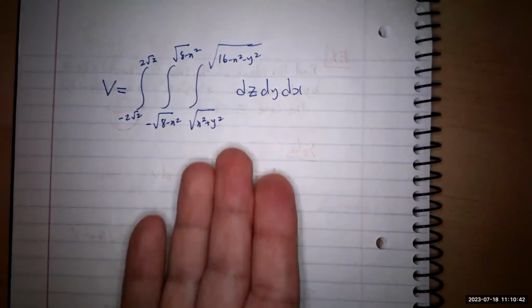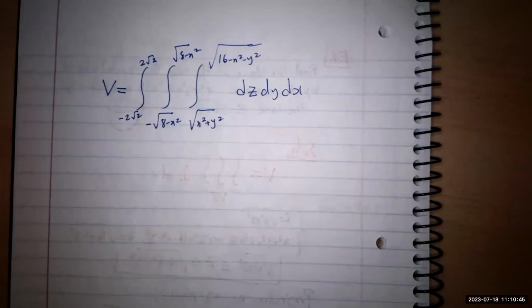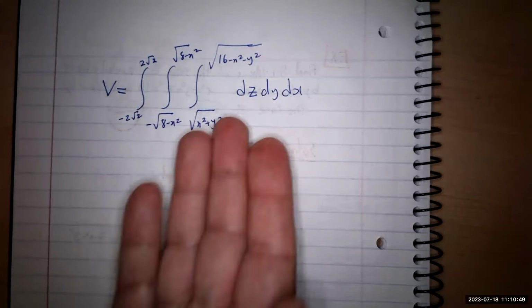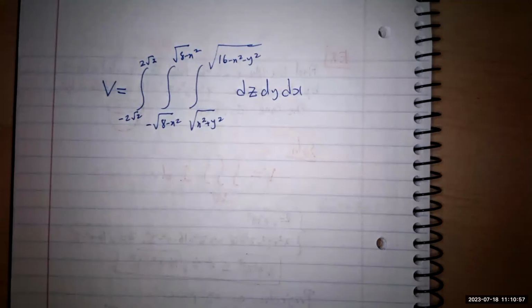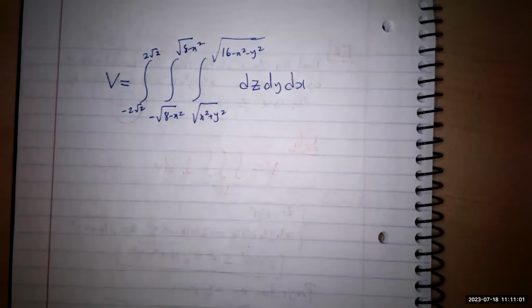Of course, it's not wise to stay with the rectangular coordinates, because it's impossible to find it that way. So you have to decide what you want to do. You have two choices, of course.